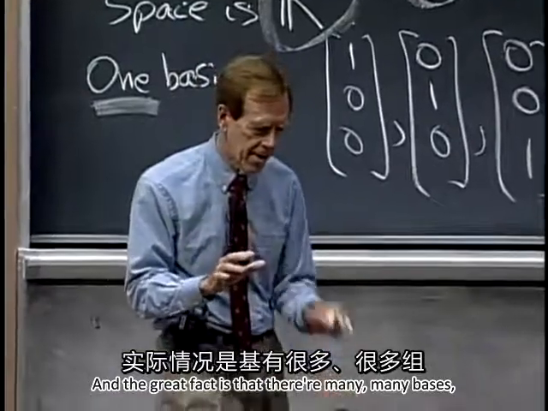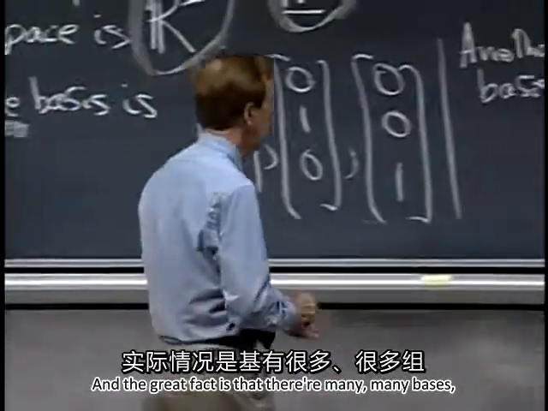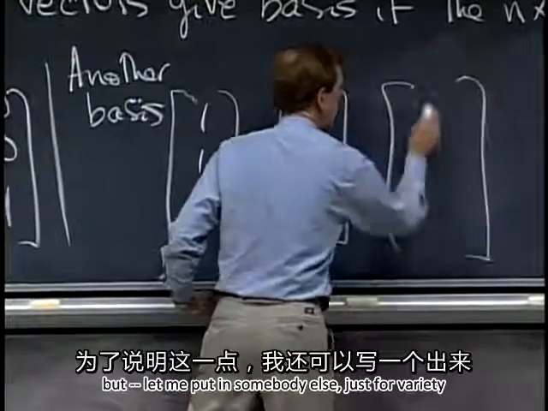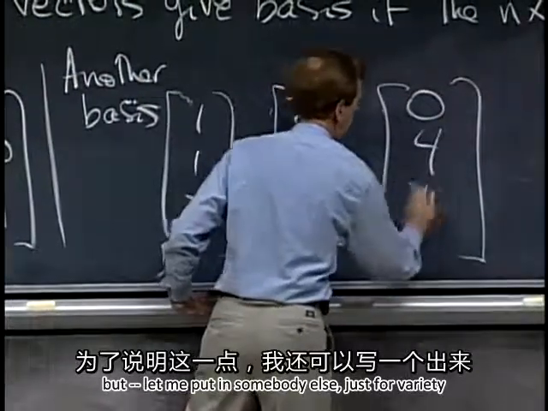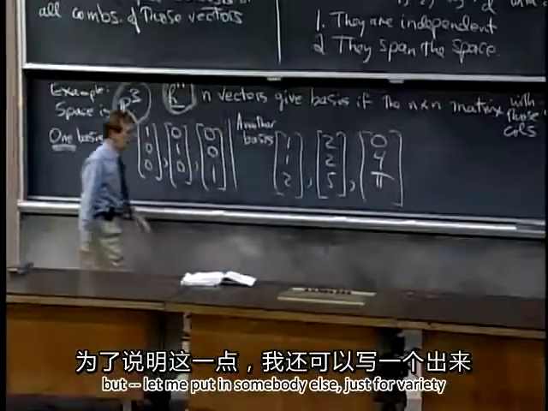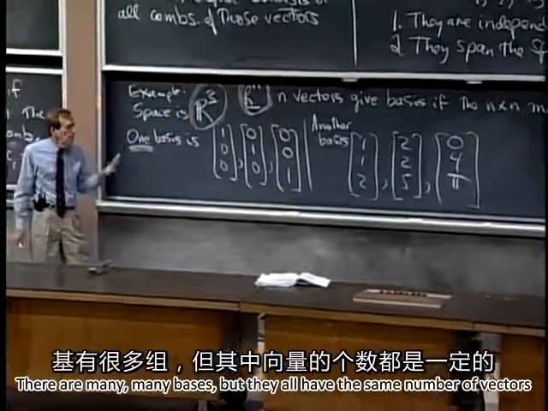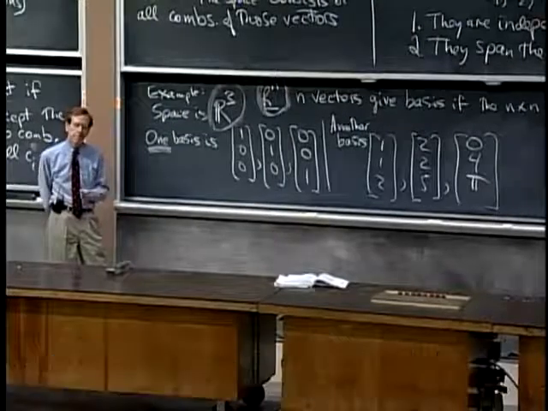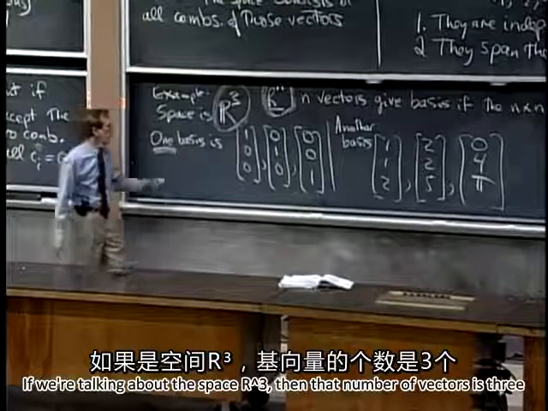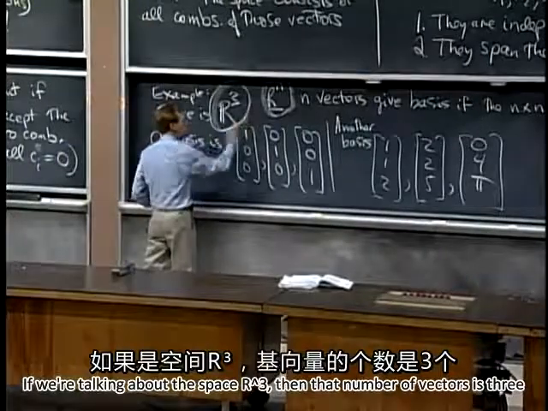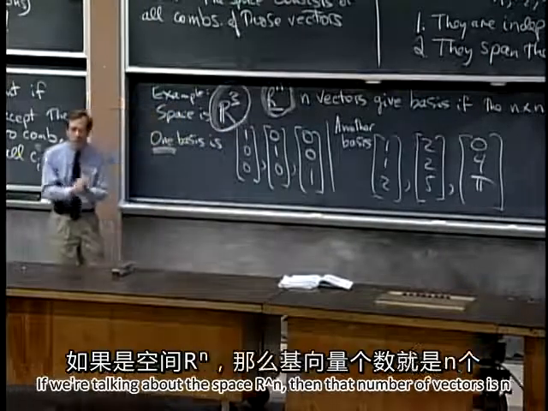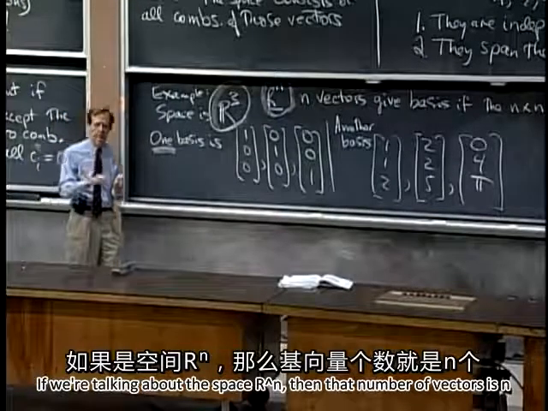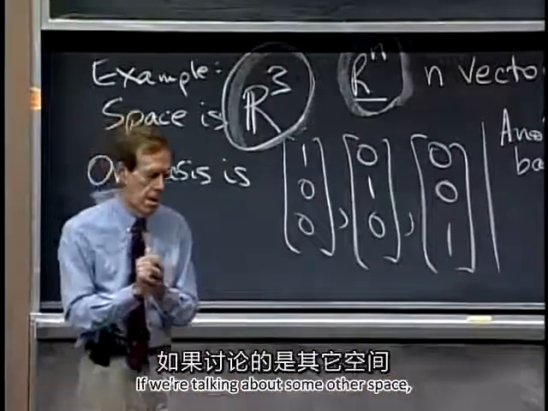And the great fact is that there are many, many bases, but they all have the same number of vectors. If we're talking about the space R3, then that number of vectors is 3. If we're talking about the space Rn, then that number of vectors is n.